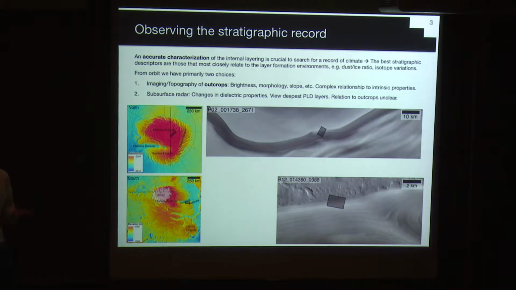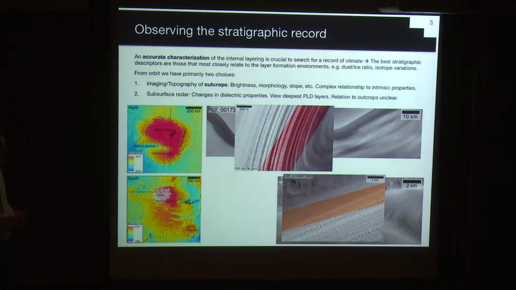Since we don't have in situ sampling yet, we primarily have 2 choices. We have imaging and we have radar, and Shane's talked about both of these. And these are again topographic maps of both poles. These are CTX images that are about 6 meters per pixel, and you can see where they are in the pole here. And these are what the layers look like in HiRISE. You've seen that as well in Shane's talk.